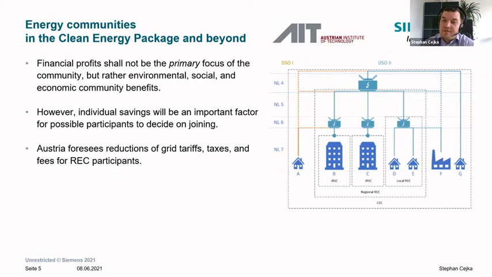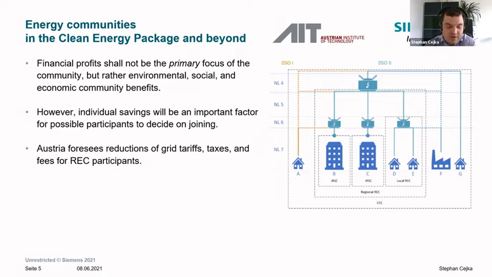However, to make possible participants join an energy community, it will be an important factor that participants save on their energy costs. For example, Austria discusses the reduction of grid tariffs, taxes, and fees for participants of the renewable energy community, also based here on the costs of the network levels.